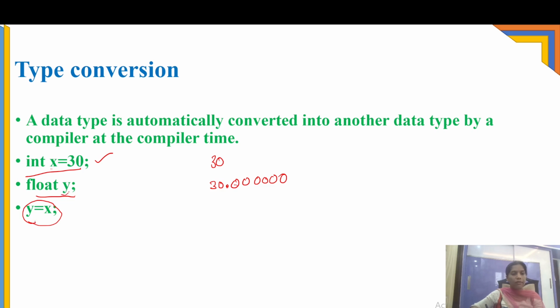We are not giving the value of y, but we are assigning x to y. So in y the value will be stored as 30.000000. Six zeros will be added.